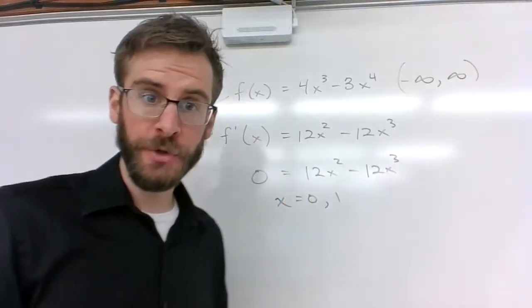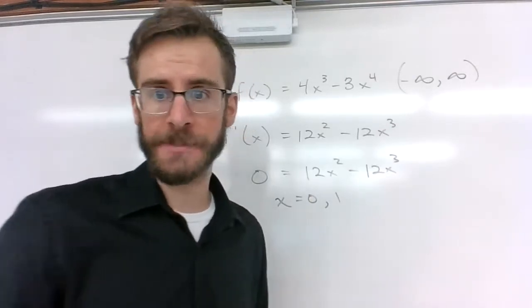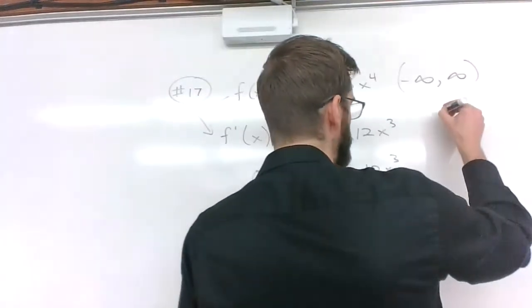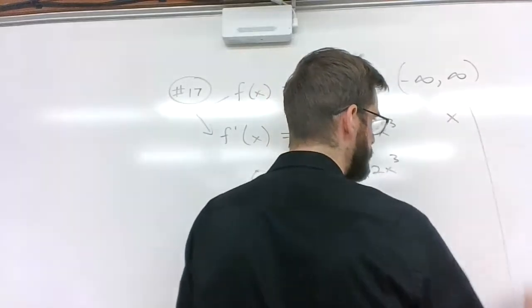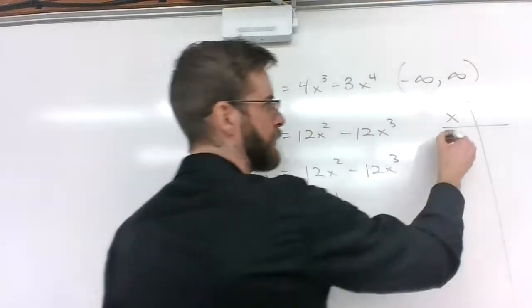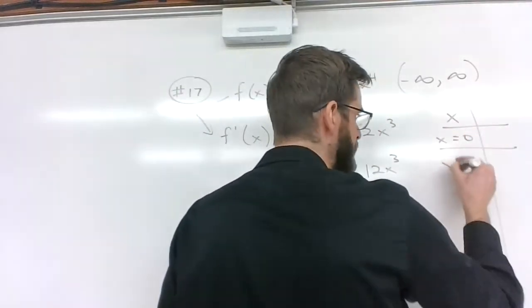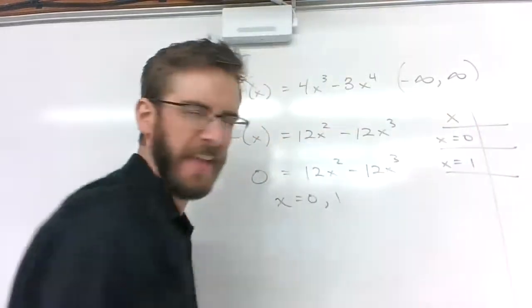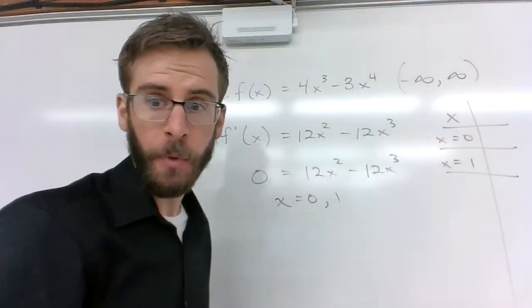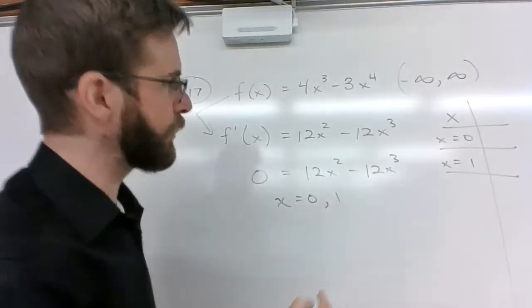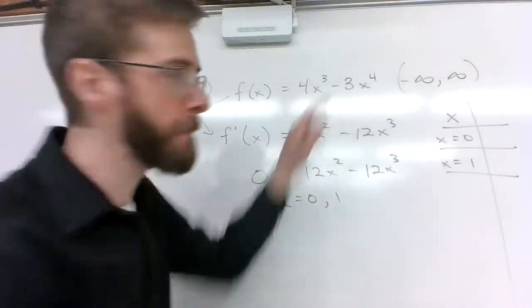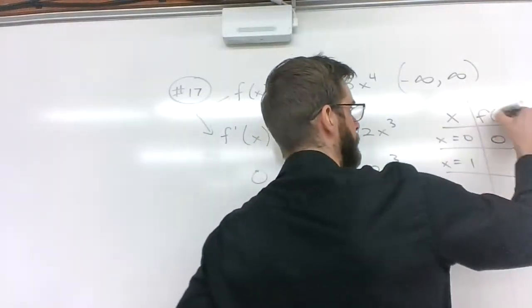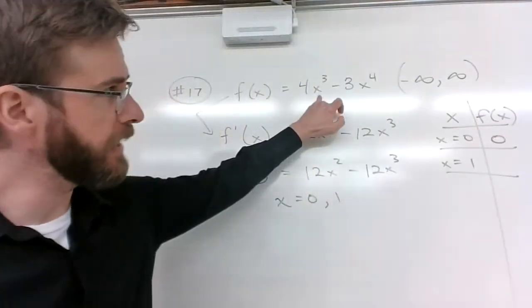Those are both potential candidates for an absolute max or absolute min value. So we're going to test x equals 0, test x equals 1, and then I'll talk about what we're supposed to do with these endpoints. When you plug those into the original, you get 0 for x equals 0, and 1 for x equals 1.